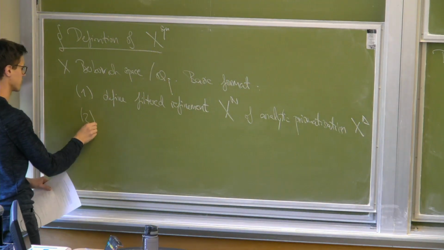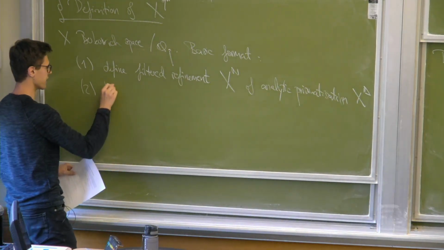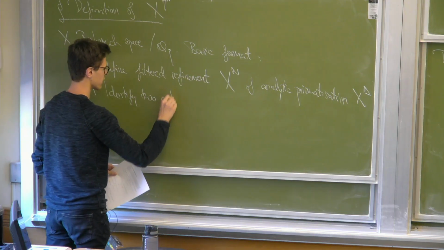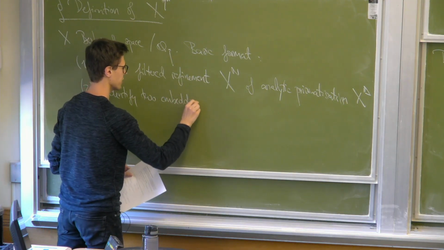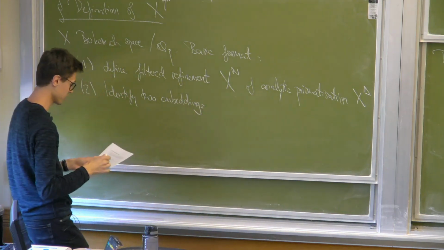And then the second step is to identify two copies of the prismatization living inside this filtered prismatization.